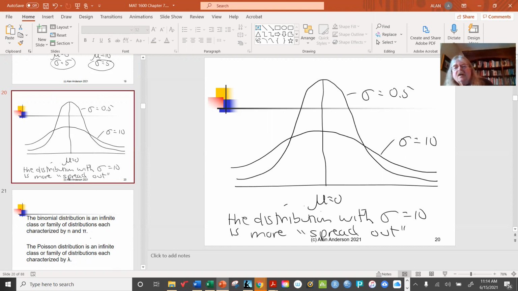So if you notice, the one on the top has a very small standard deviation. So most of the area in this curve is very close to the center. The second one is a lot more spread out because it has a standard deviation of 10. All right, so it's really short, but really spread out.